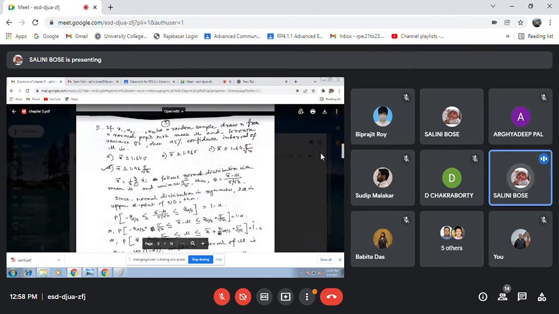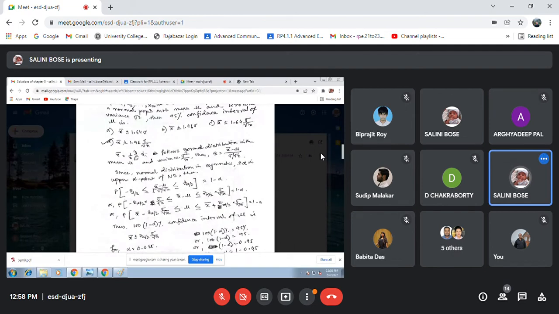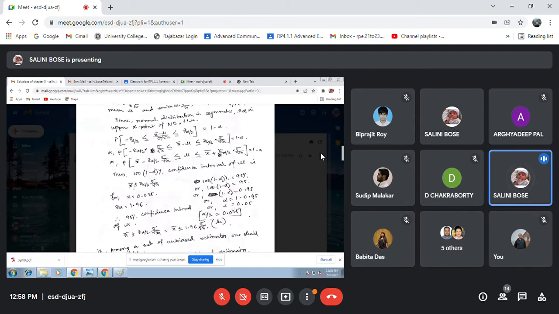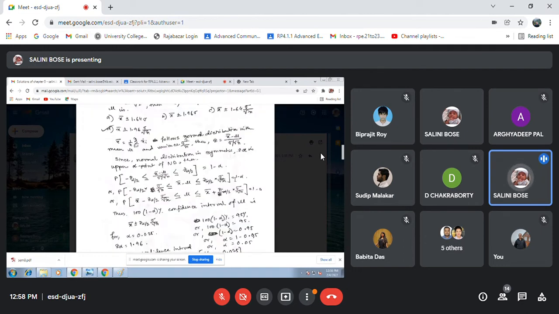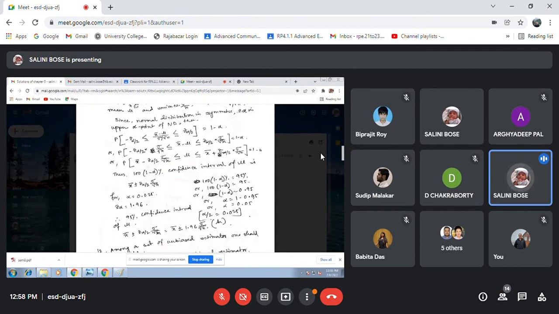So this is the formula. You know this formula, that it lies between x bar plus minus z alpha by 2 sigma by root n. Now 95% confidence intervals are maintained. So you see that 100 of 1 minus alpha %, this percentage, they have given 95%.